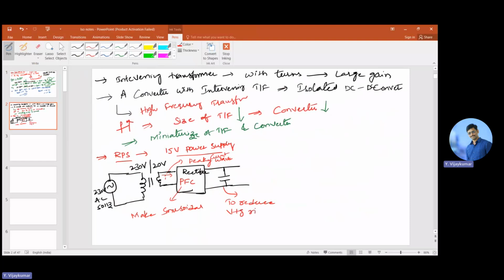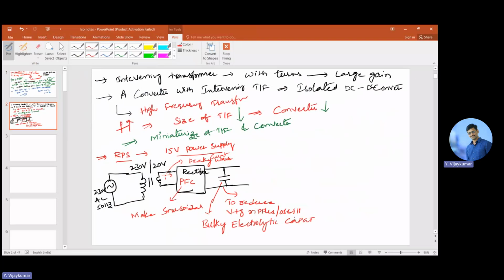This capacitor we can call a bulky electrolytic capacitor.